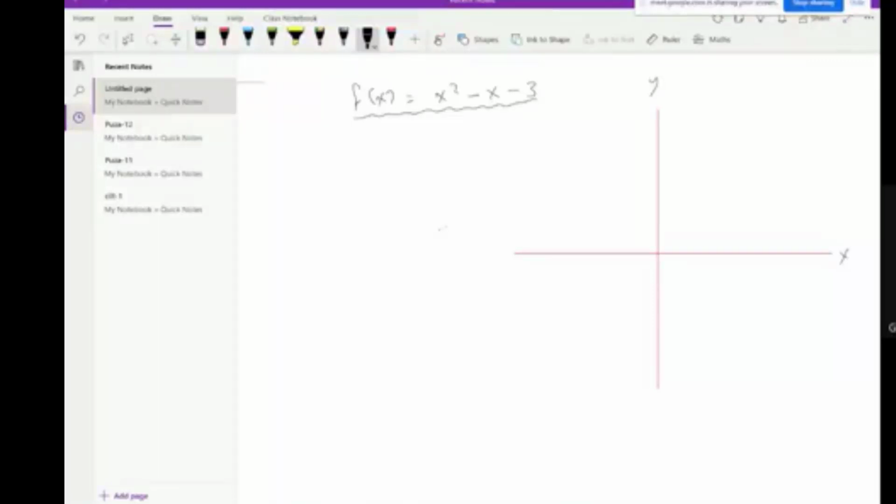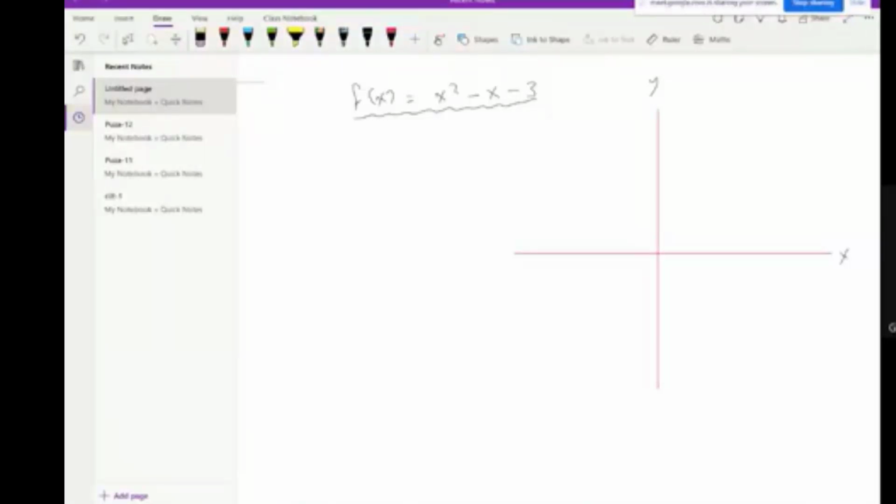This is a second order equation. If we say solve this equation, that means find the values of x where this function intercepts the x-axis.